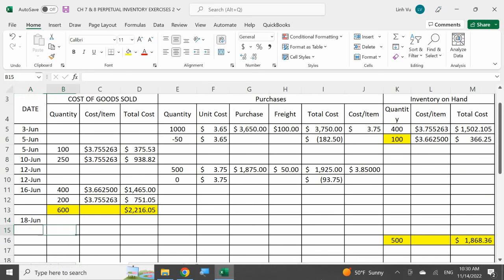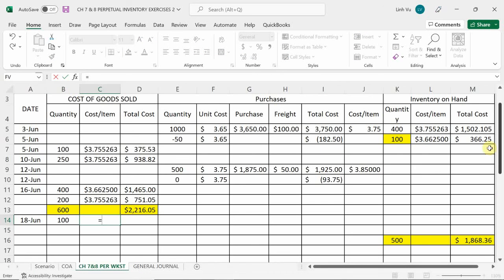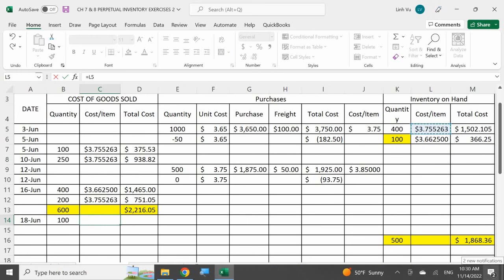So today's the 18. We're going to reverse 100 of them at $3.75528. And that should give you a total refund, or in this case, you're going to put back $375.53 back into your inventory.